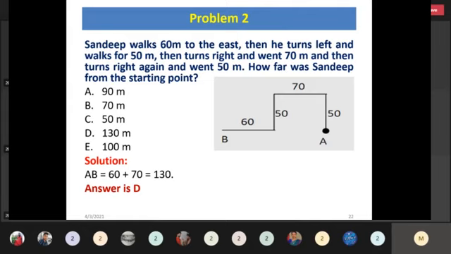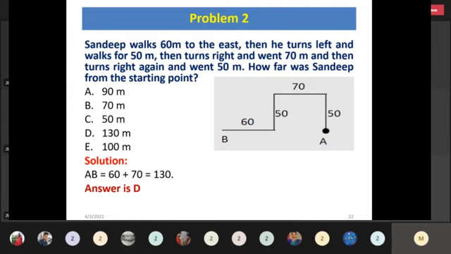So once again, Sandeep walks 60 meters to the east. Then he turns left and walks 50 meters. Then turns right and goes 70 meters. And then turns right again, goes 50 meters. How far was Sandeep from his starting point? The options are A, 90 meters, B, 70 meters, C, 50 meters, D, 130 meters, and E, 100 meters.